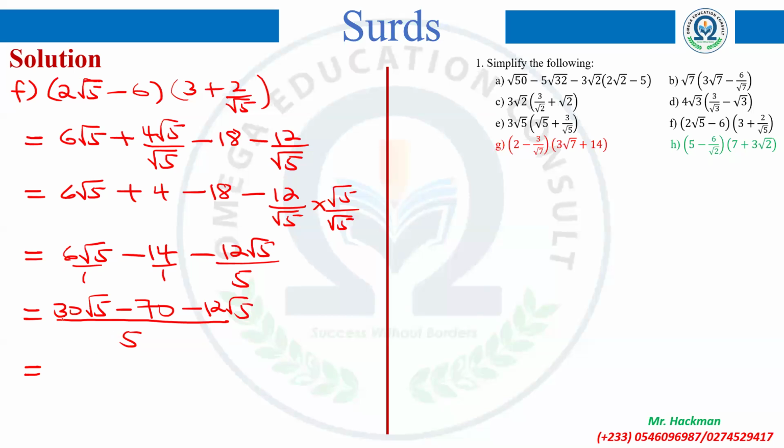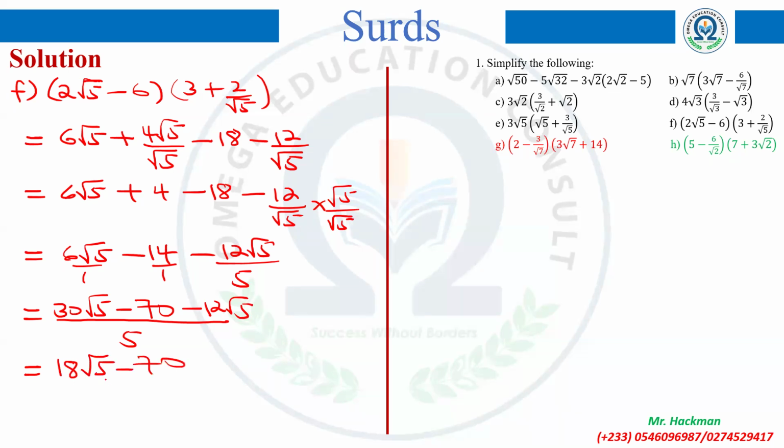In this case, I'm going to get 30 minus 12, because these two sets are like, they have the same radical. So 30 minus 12 will give us 18 root of 5, then minus 70.